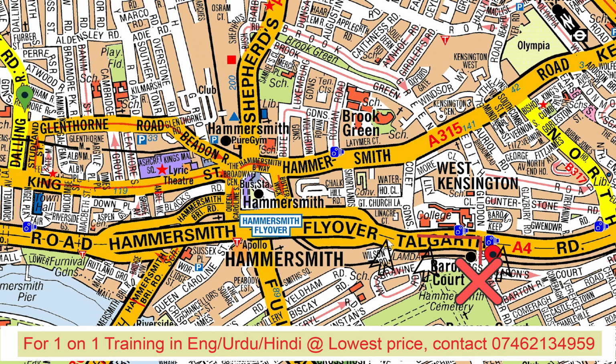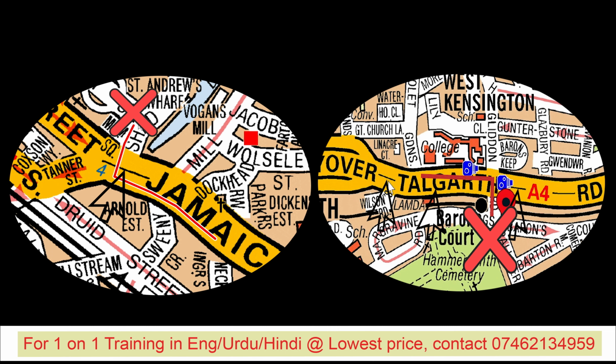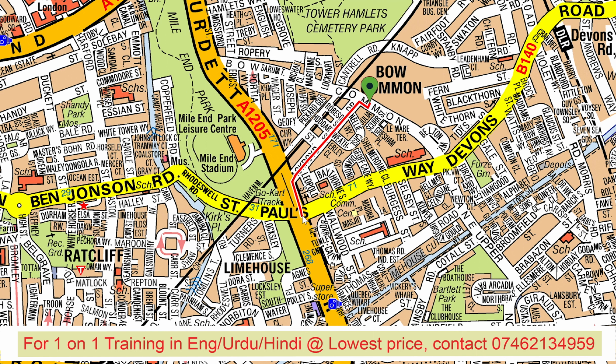You cannot turn right in such cases as well. But in this case, since neither of the two conditions apply, therefore we can turn right from here. So, we will turn right on St. Paul and continue like this.